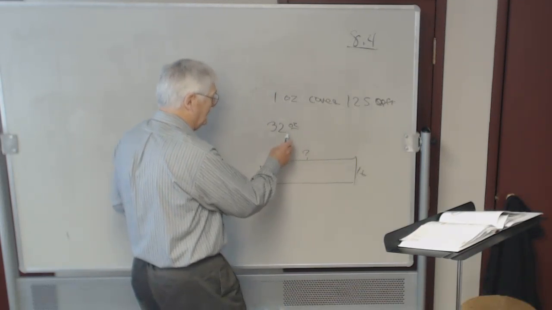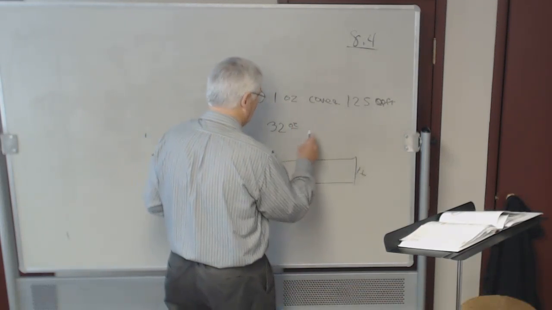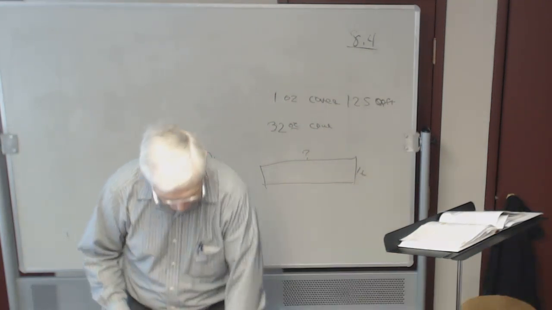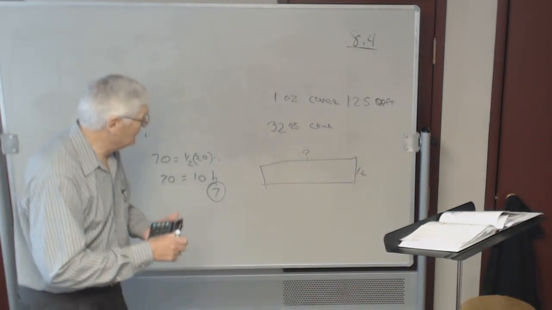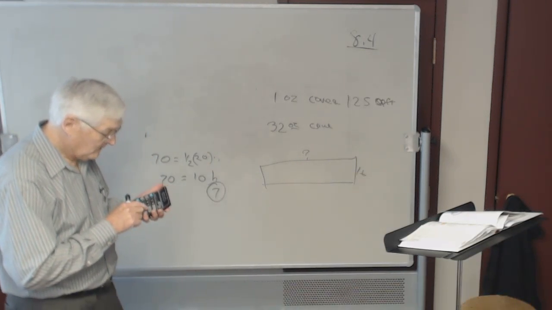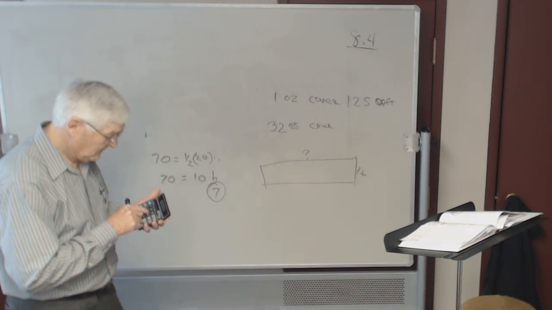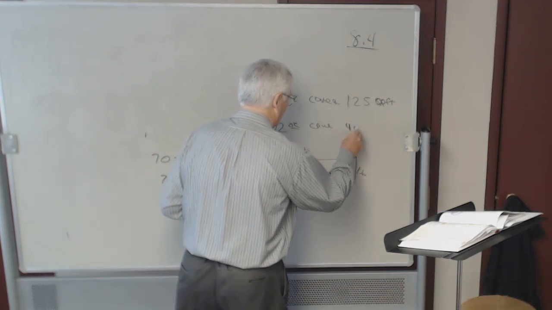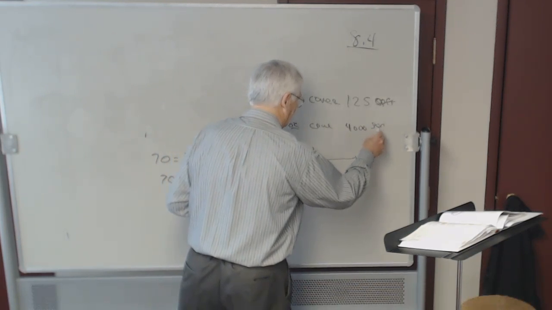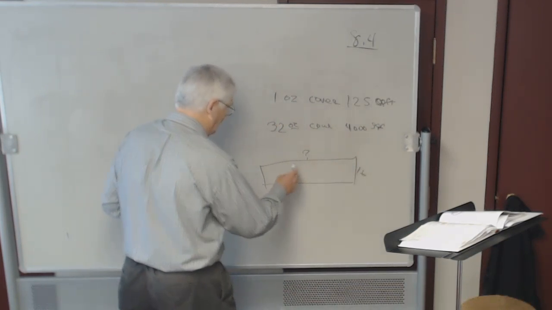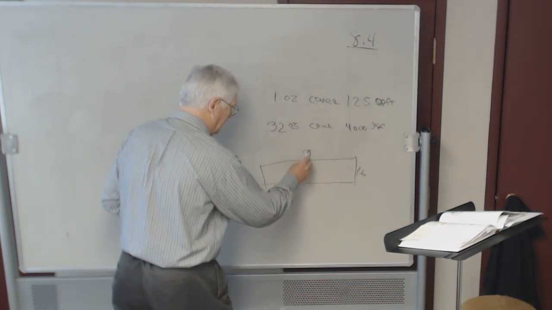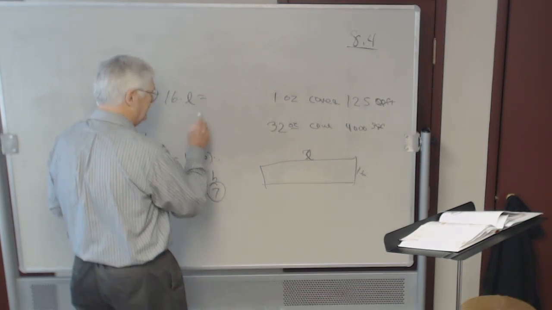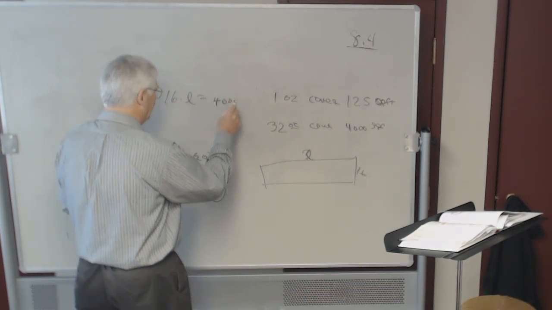But we know what the area was, because 1 ounce covers this much, so 32 ounces covers, what's 32 times 125? 4,000 square feet. So call this length L. 16 times L has to equal 4,000.